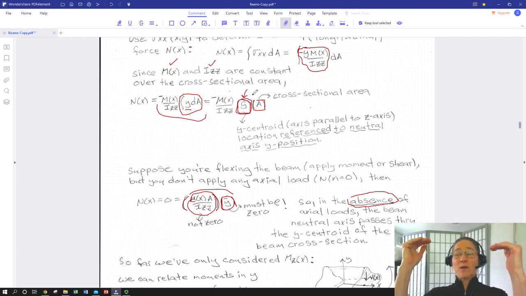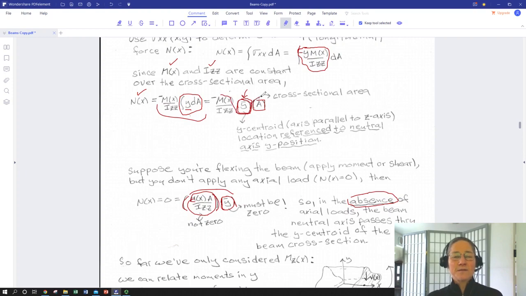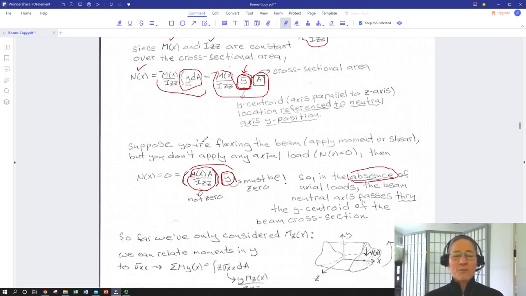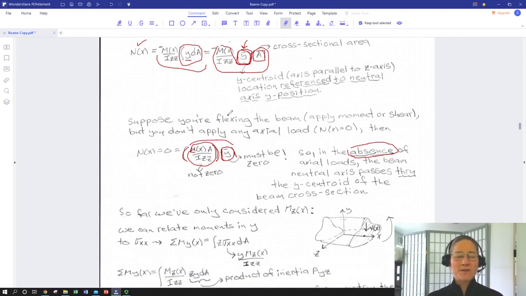So the neutral axis will be above or below the centroid, and the distance above or below will be proportional to the actual magnitude of that axial force times these other three terms. So the neutral axis won't always be on the centroid, but if the axial forces are insignificant compared to the others, we can probably assume it is.